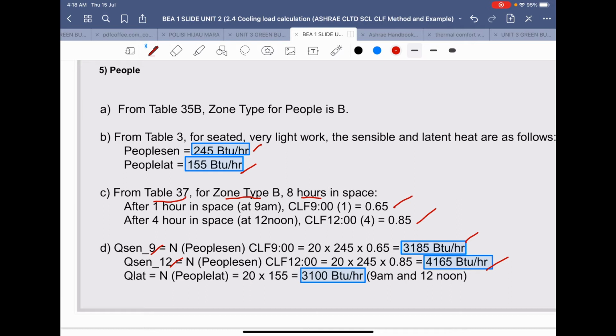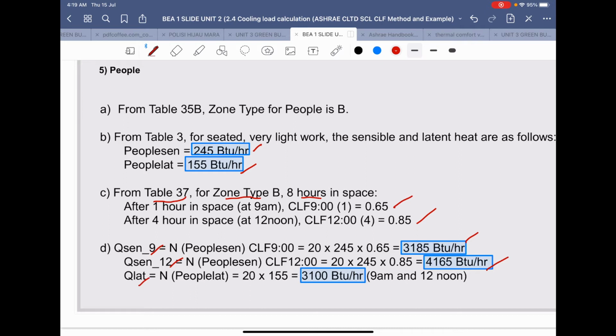Then we put in the formula Q latent, where n, number of people, equals 20 times 155, equal to 3,800 BTU per hour.